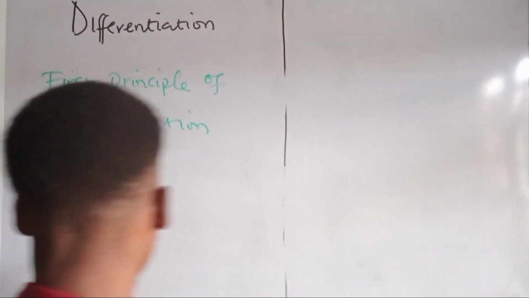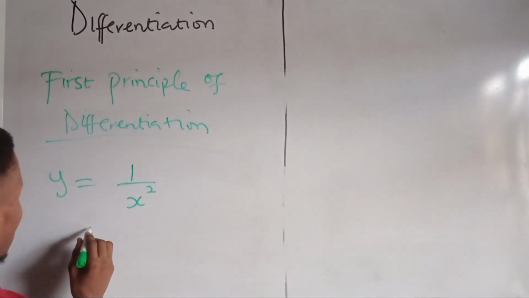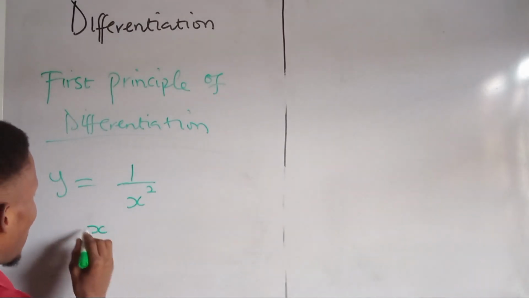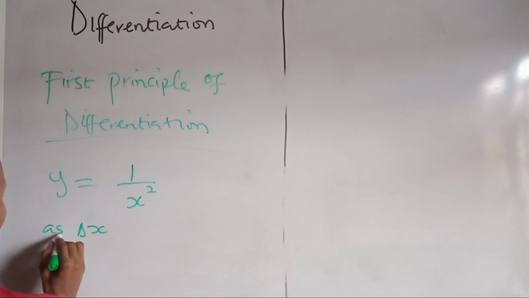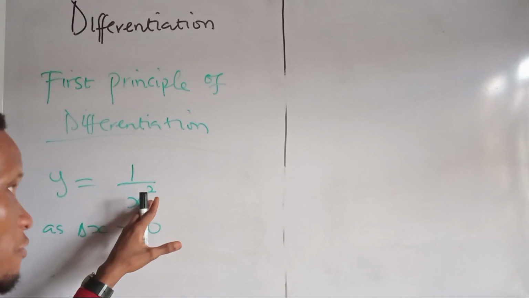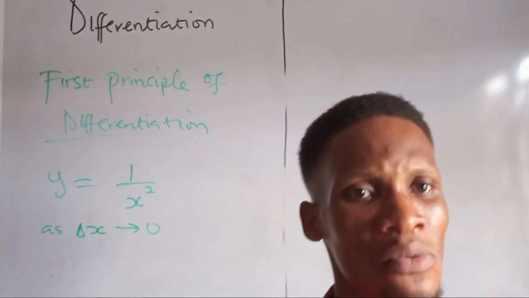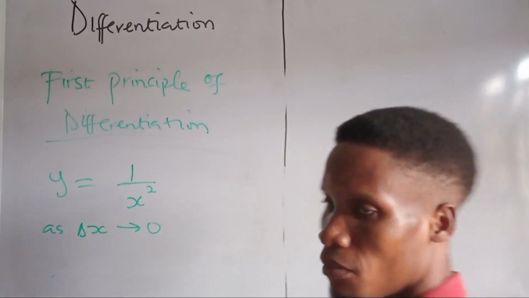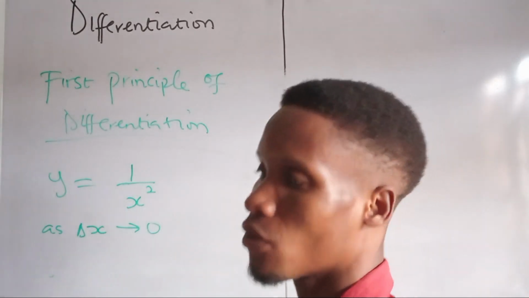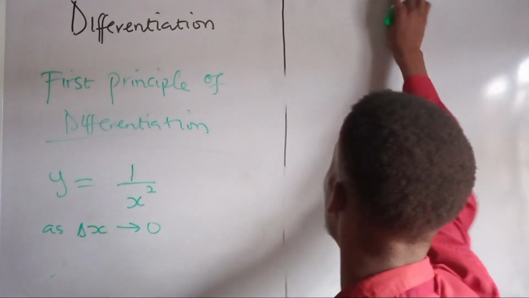So if we're asked to solve this, it means we're going to have it as change in s tends to 0. This is how it's always. So you have to find the differential form of this when change in s tends to 0. So how do you go about this? Please do not skip this video. Just stick with me. I will show you how you solve this problem.